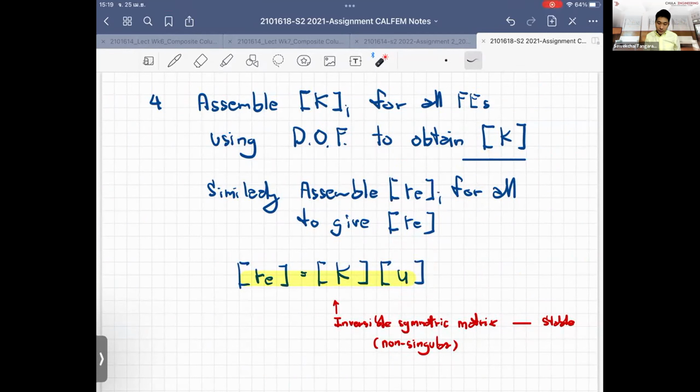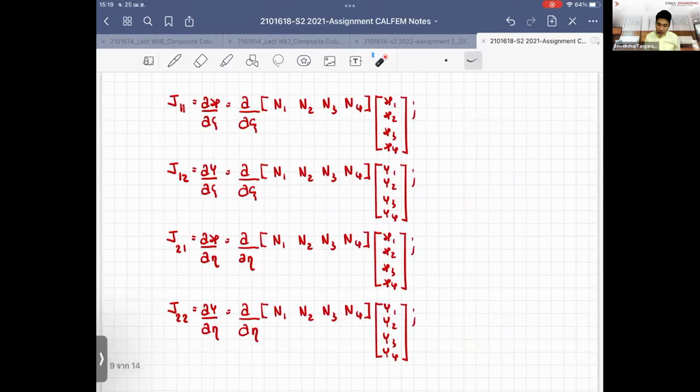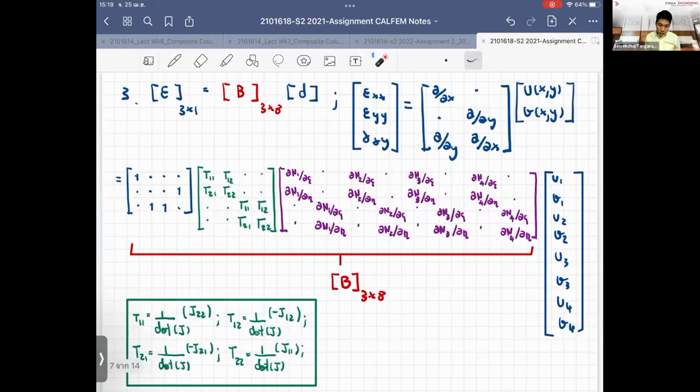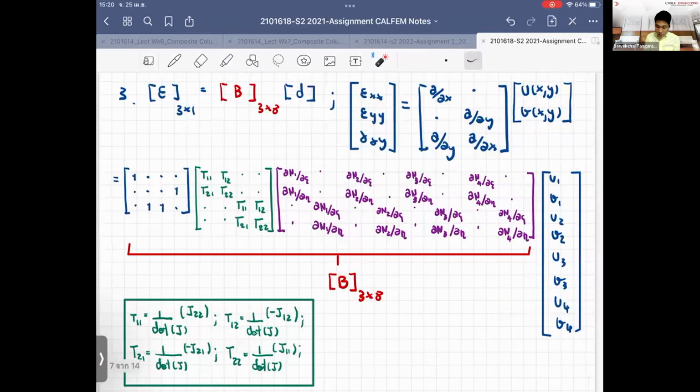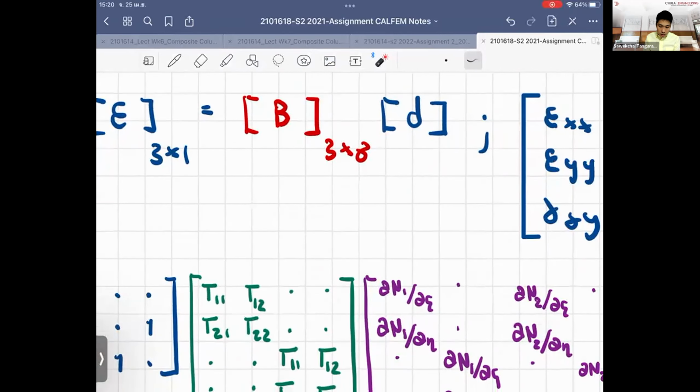After that, you can obtain the value of the strain. How you obtain the strain is very simple. You use this formulation, and Hooke's law. When you assemble them, you get B, which is 3 by 8, right? So you know how you obtain this, and it corresponds to the B at the 4 nodes.